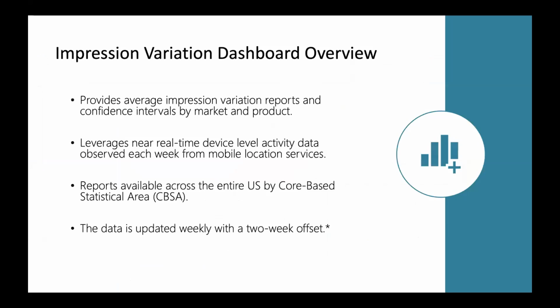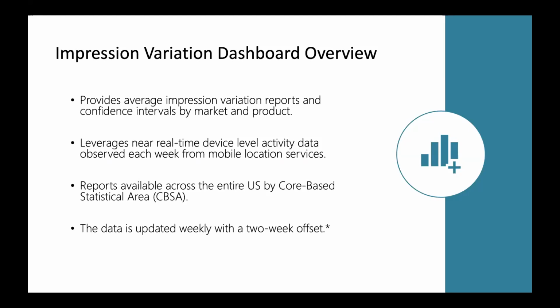So in terms of the impression variation dashboard overview, it's intended to help members understand that variation in impressions, and it also provides confidence intervals by market and by product as well. We can show you where that is, so you can get an understanding of the plus or minus of the confidence intervals.